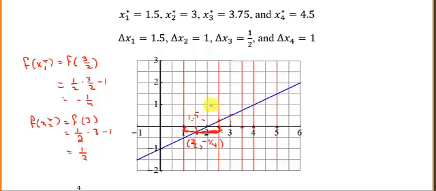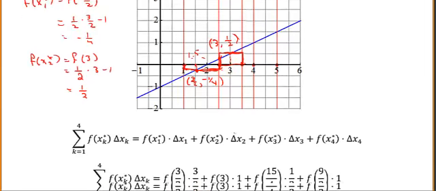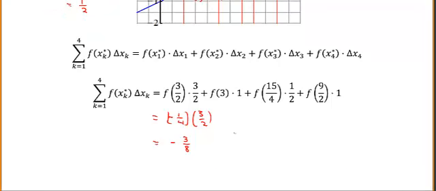So this is going to be the point 3, 1/2. And this will determine the height of this second rectangle. So the second rectangle is going to be 1/2 high, 1 wide. It'll have an area of 1/2. So this second one will be 1/2 times 1, which is 1/2.